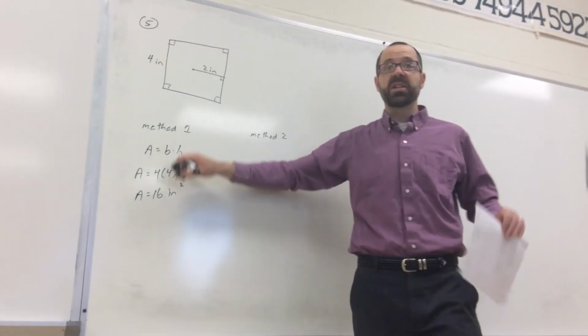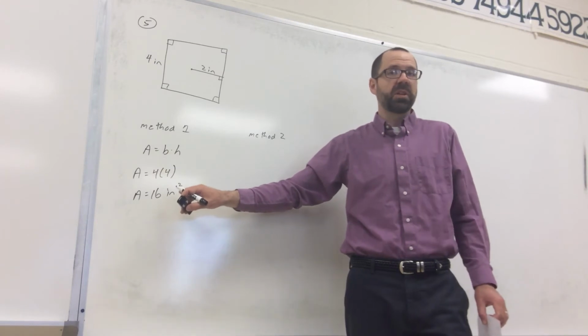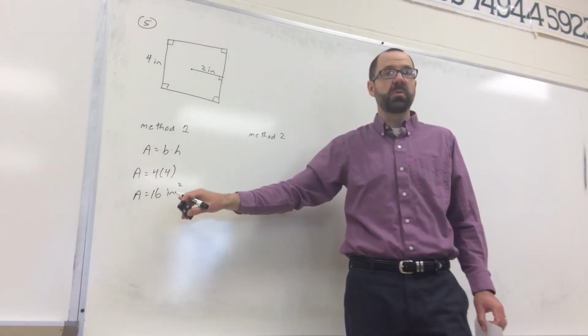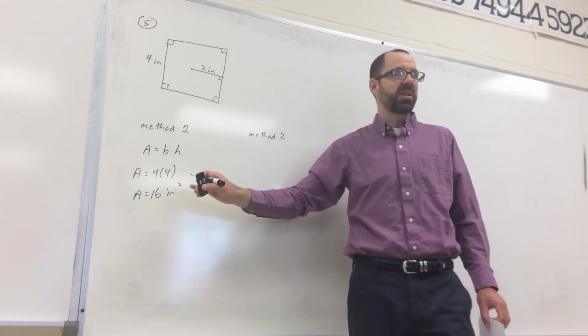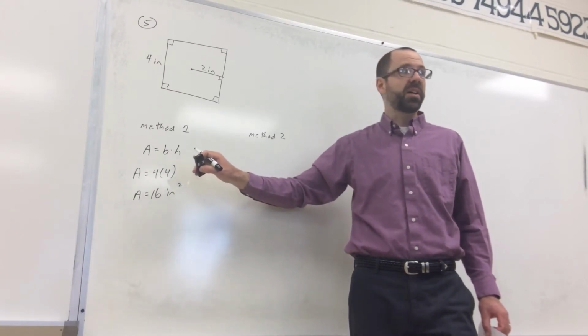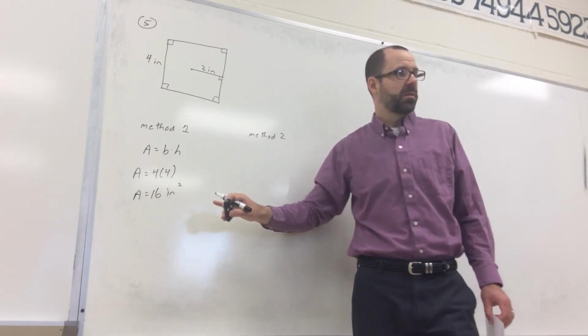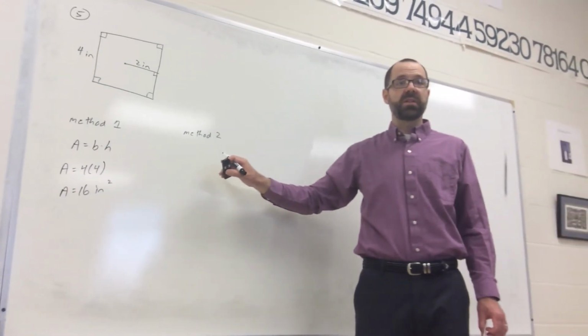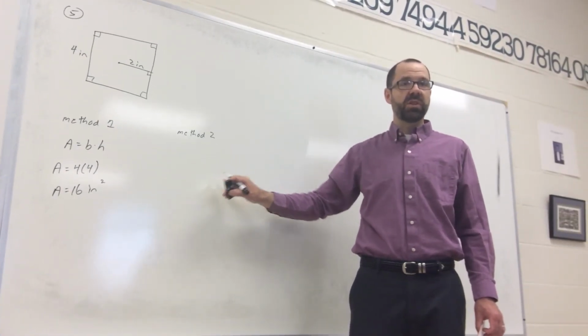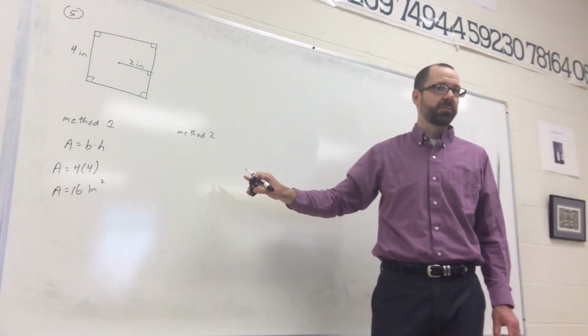So this is the way I would expect you to do the problem if you were doing it by yourself, because this is the simplest way. Recognize that it's a parallelogram and just take base times height. But since we have a new formula today, I want to show you that that formula could work also.